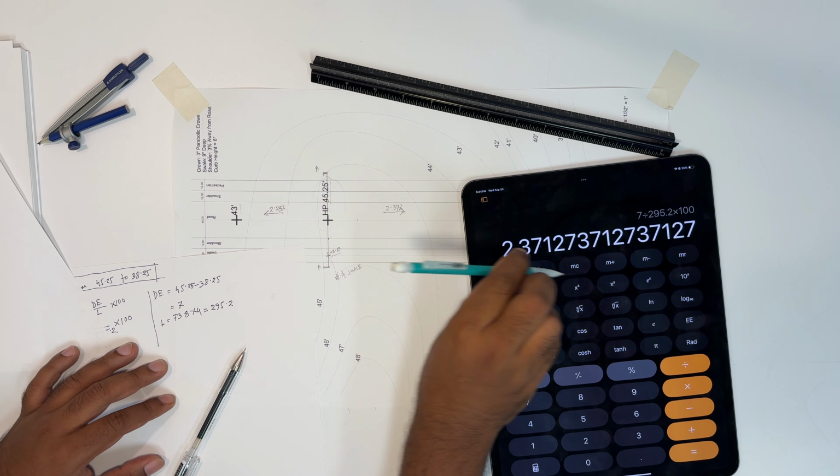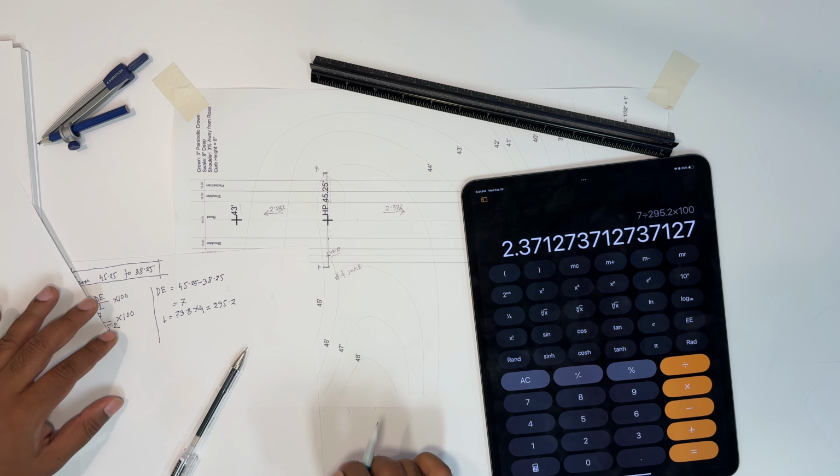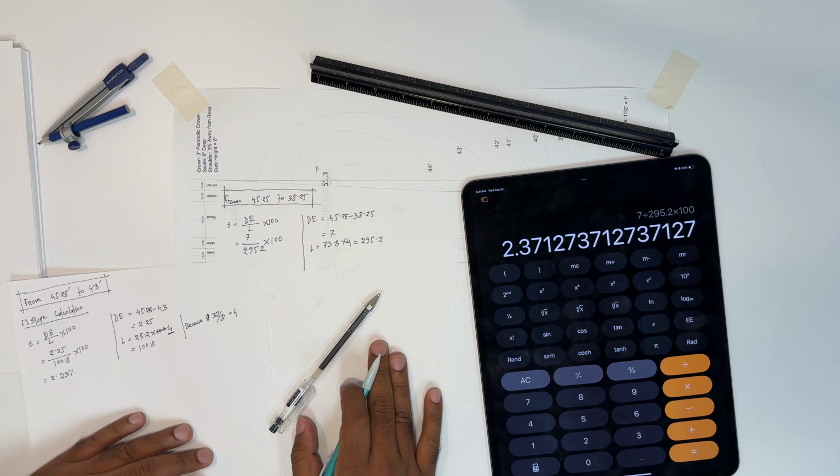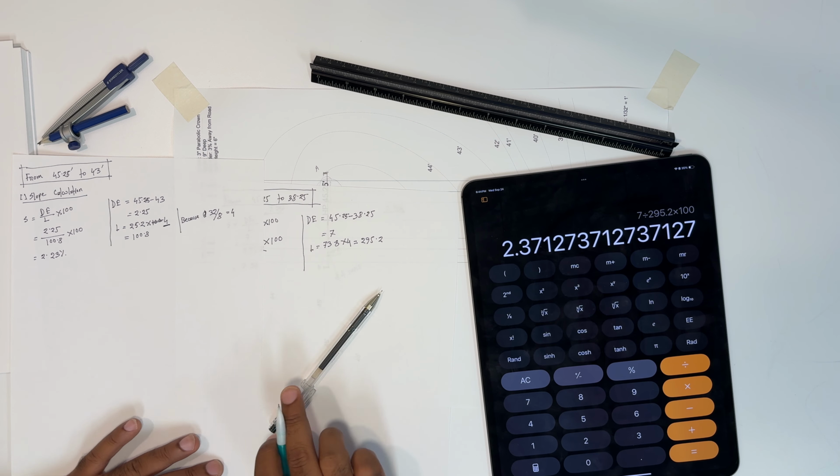Percent this way. Okay, so that's the slope of each of these. Great.